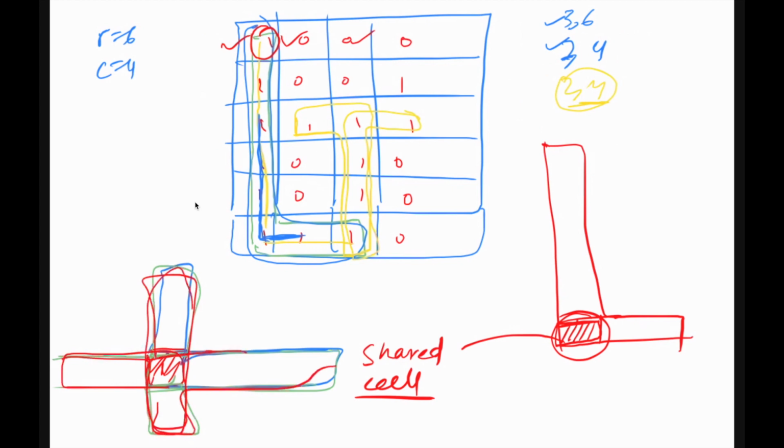There are basically 4 different possibilities if we take this as the shared cell.